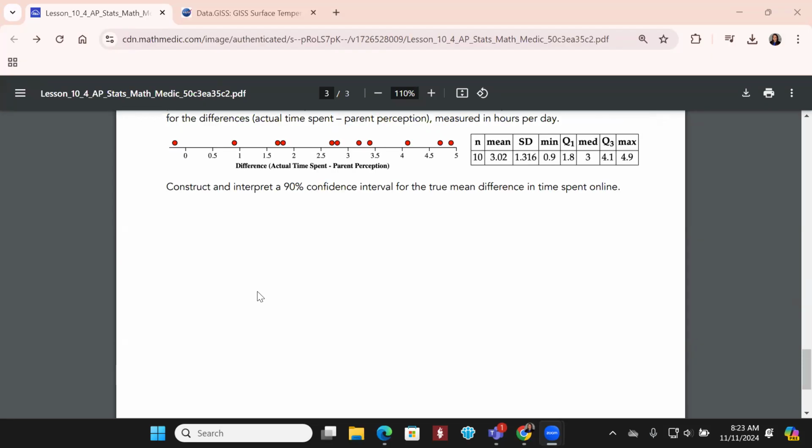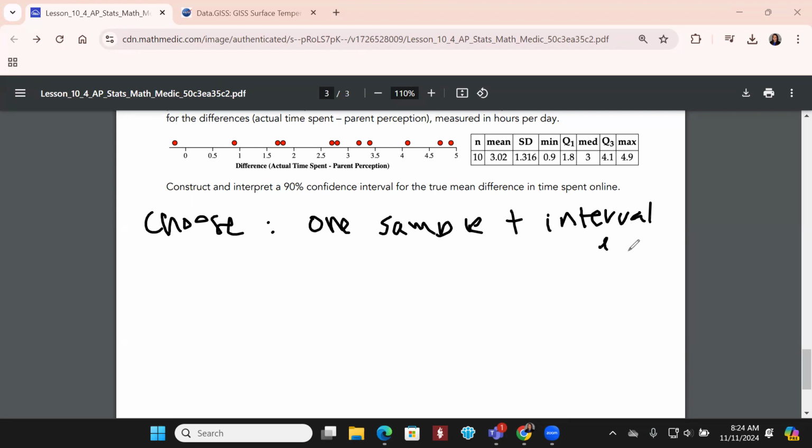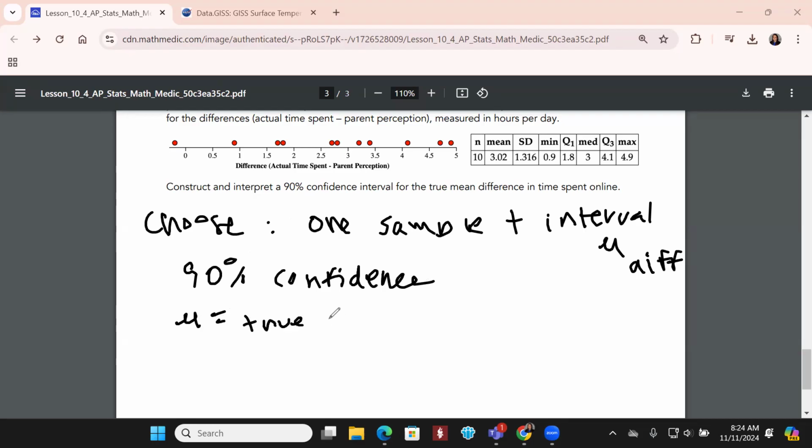So we're going to choose a one sample T interval for mu difference, 90% confidence. And then mu is the true mean difference in time spent online.